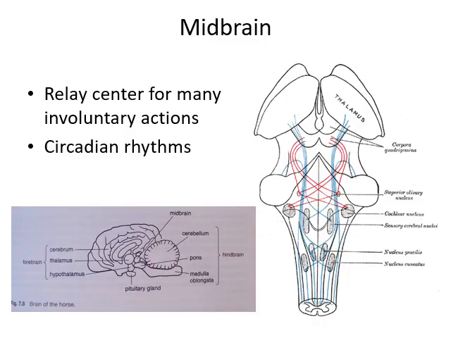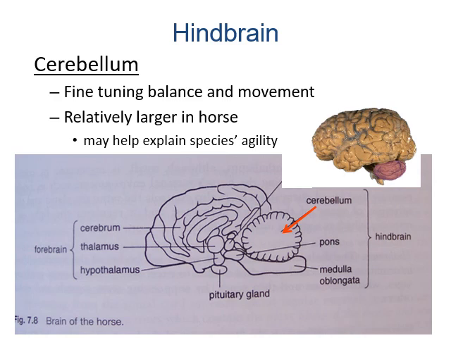At the midbrain, we're going to have a relay center for many of the involuntary actions and circadian rhythms. So we've got the midbrain in this section here. This is kind of an exploded version of our view of it. You've got a lot of patterning and sorting of thoughts and ideas, getting down to the hindbrain.